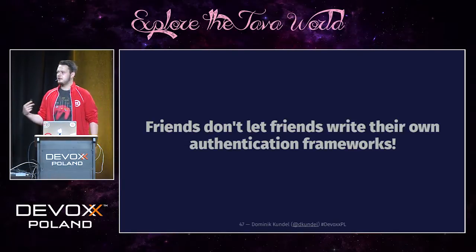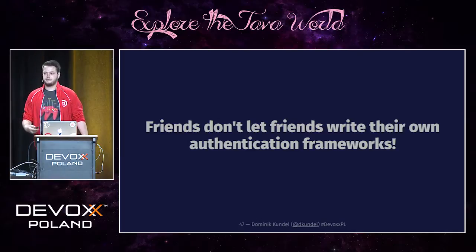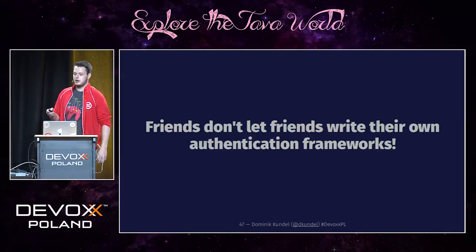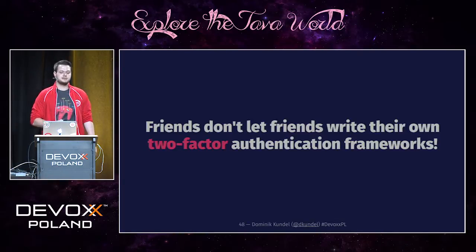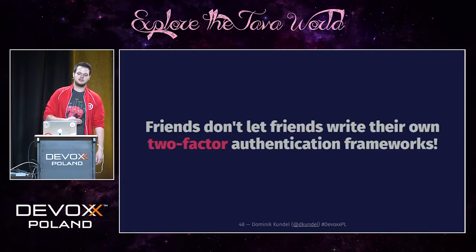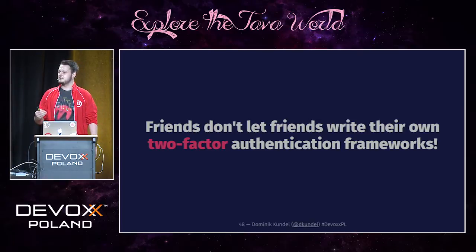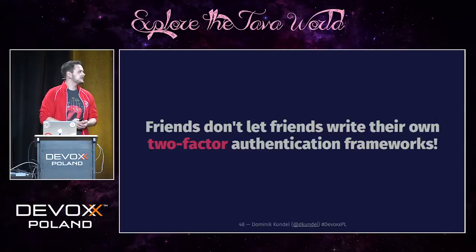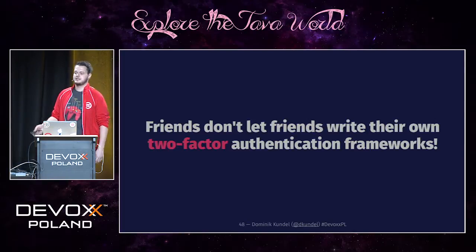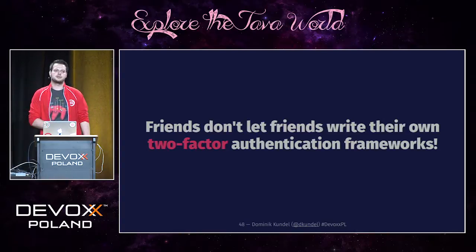So there are a lot of authentication frameworks for pretty much every language. And I would like to introduce you to a similar concept: friends don't let friends write their own two-factor authentication frameworks. Because just like you don't want to deal with properly salting your hashes and taking care of everything being safe, you don't want to deal with things such as code generation, and you don't want to store secrets yourself.